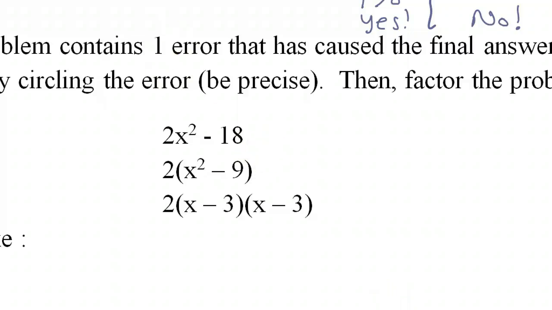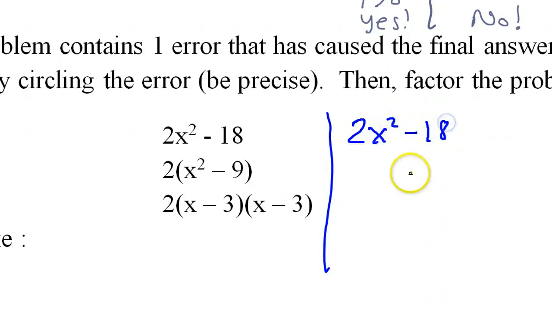For me it helps to sort of do the problem myself, side by side. So, fine, they have 2x squared minus 18, right? What's the first step of factoring? GCF. So, the next thing I would do is I'd pull out the 2, and that would leave behind x squared minus 9. Okay, they have that. What would I do next?